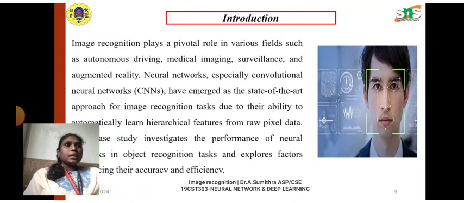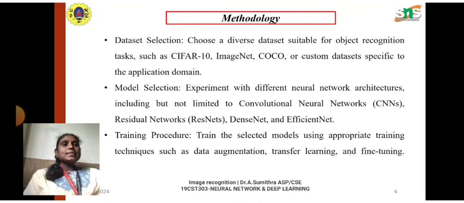The CNN leverages convolutional layers to extract spatial features from the input images, pooling layers to reduce the dimensions, and fully connected layers for classification. The ability of CNNs to learn hierarchical representations of features makes them highly effective for image recognition.